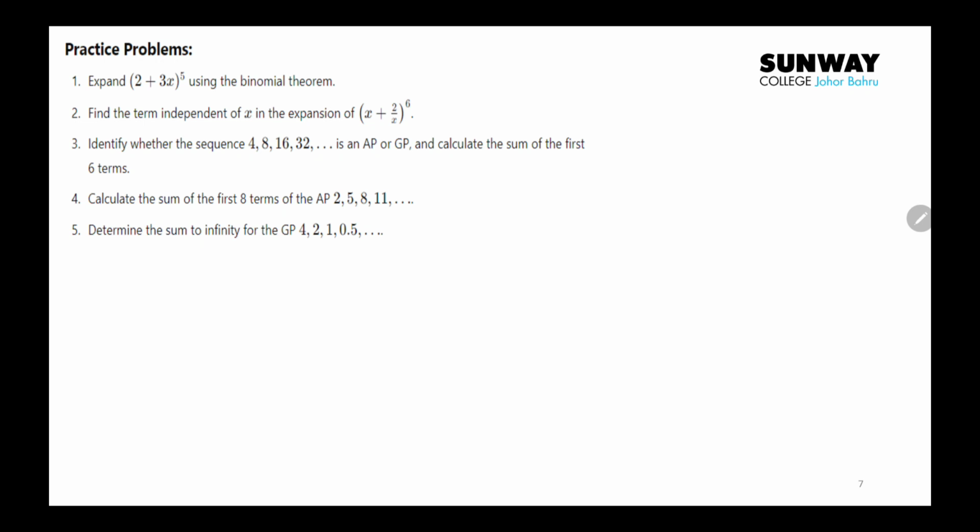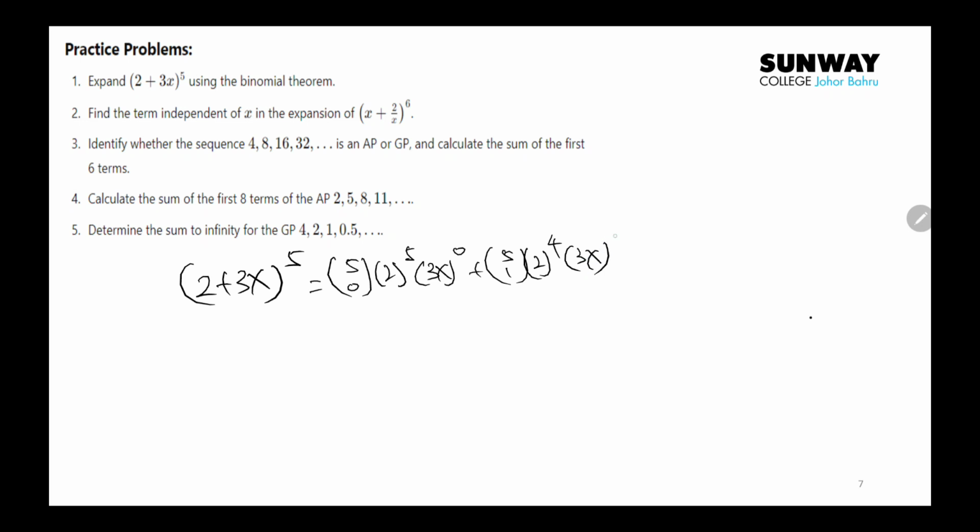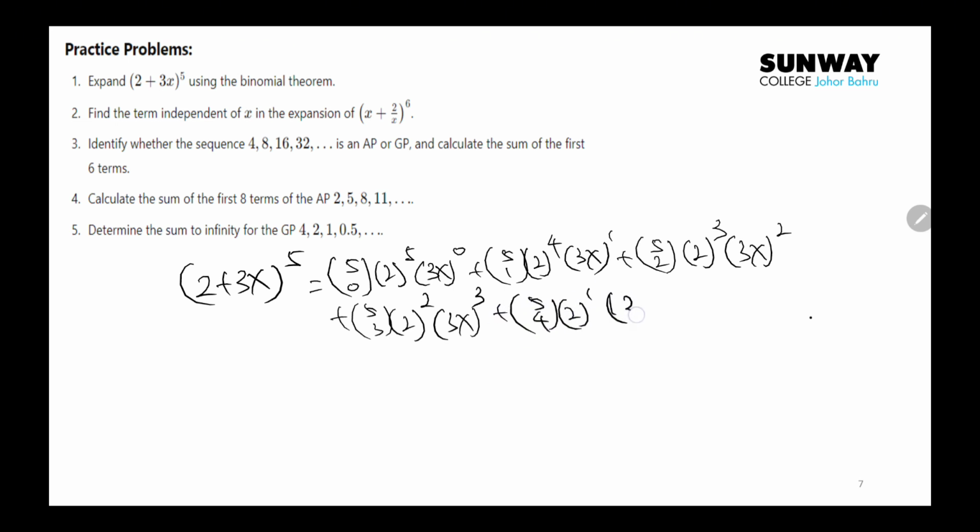Here are some practice problems. We are going to share with you how to solve this. (2 plus 3x) to the power of 5 using binomial expansion equals 5C0, 2 to the power of 5, (3x) to the power of 0, plus 5C1, 2 to the power of 4, (3x) to the power of 1, plus 5C2, 2 to the power of 3, (3x) to the power of 2, plus 5C3, 2 to the power of 2, (3x) to the power of 3, plus 5C4, 2 to the power of 1, (3x) to the power of 4, plus 5C5, 2 to the power of 0, (3x) to the power of 5.